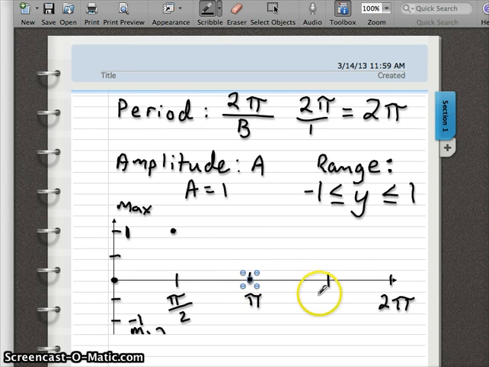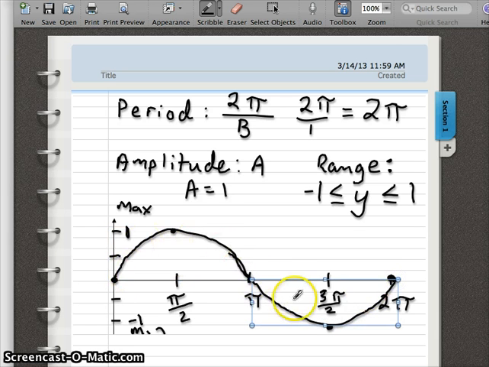And if I plug in 3 pi over 2, I forgot to put that on the graph. If I plug that in, I get negative 1, which is the minimum of my graph. And then I get 2 pi, I plug that in, I get an output of 0. So this ends up being the shape of a sine graph.